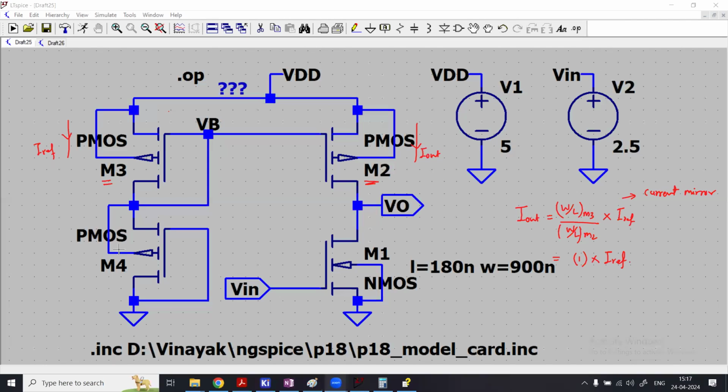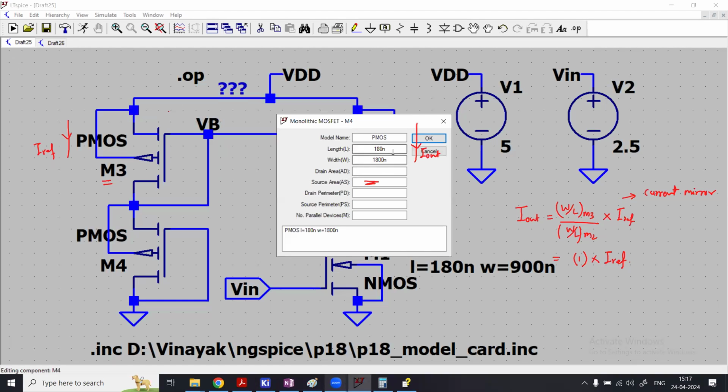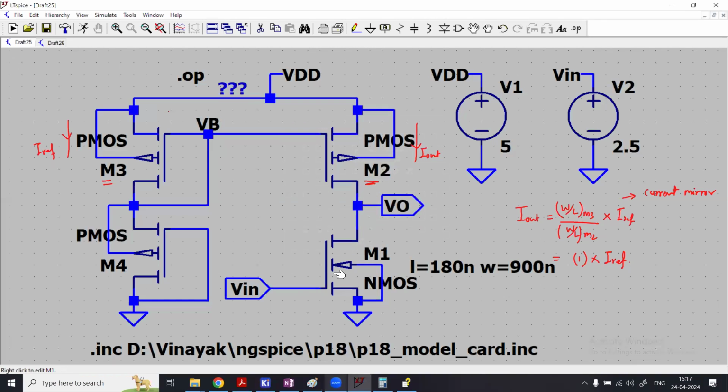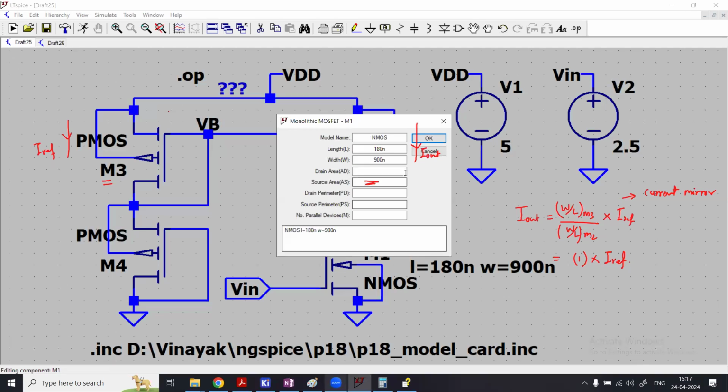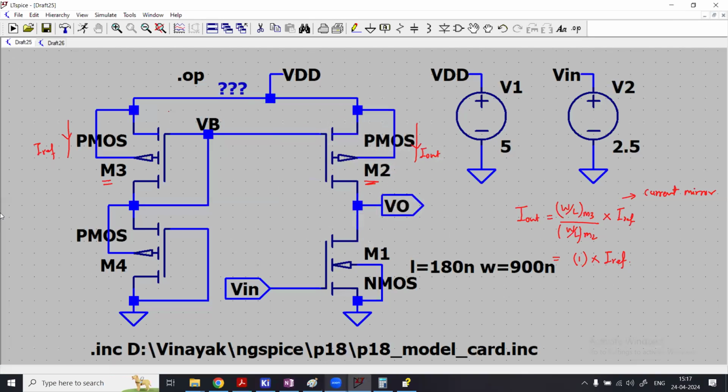Now you see the PMOS, let me give you the understanding about what would be the ratio here. W by L ratio again 10. So you see the W by L ratio here is 10. In the case of NMOS, the W by L ratio is actually 5, so 900 divided by 180 nanometer. Okay.